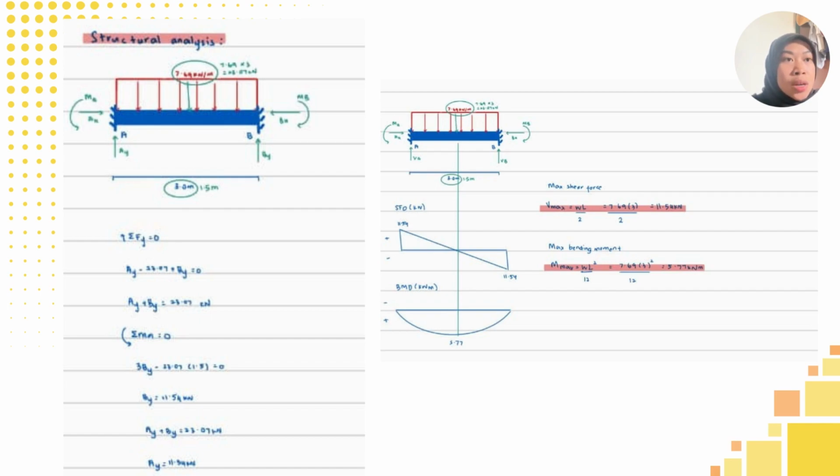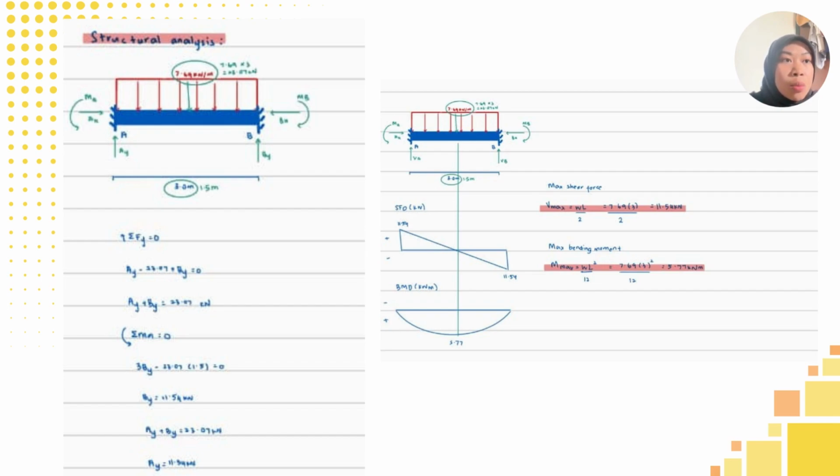The bending moment diagram was then constructed, showing how bending varies along the span. The maximum bending moment, which usually occurs at mid-span or at the fixed end, is a critical value because it governs the bending stress and beam design.